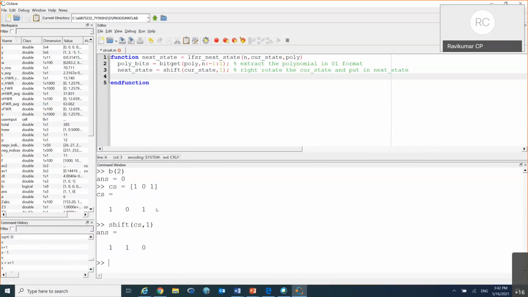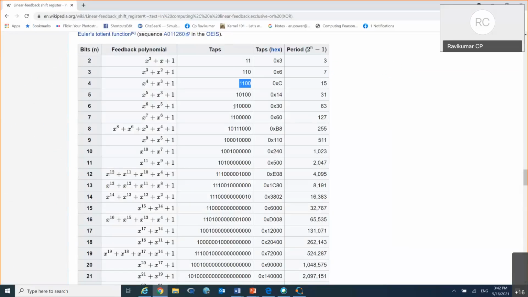And I must take the XOR of all of them. Is that clear? So for example, in this example, I have to sample these two bits. So I will have 110000, and I'll have some state. Okay, I only have to extract the last these two bits.